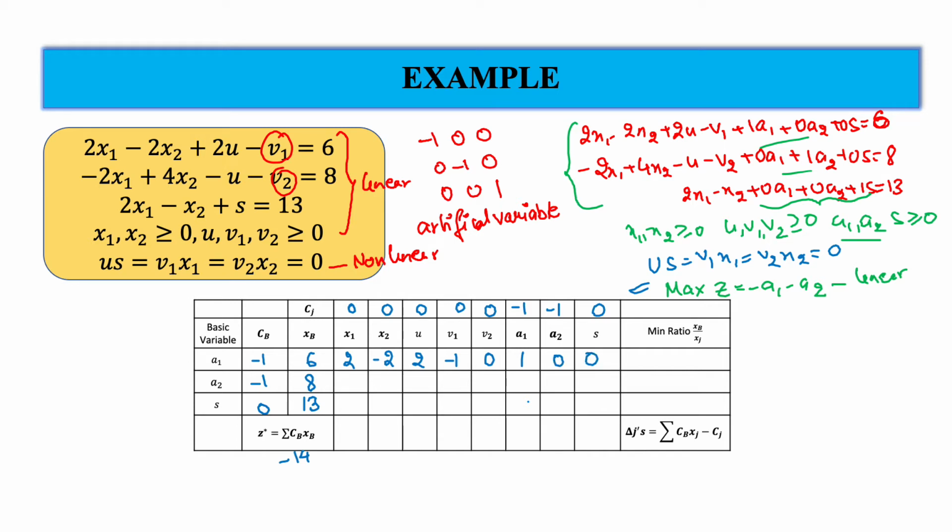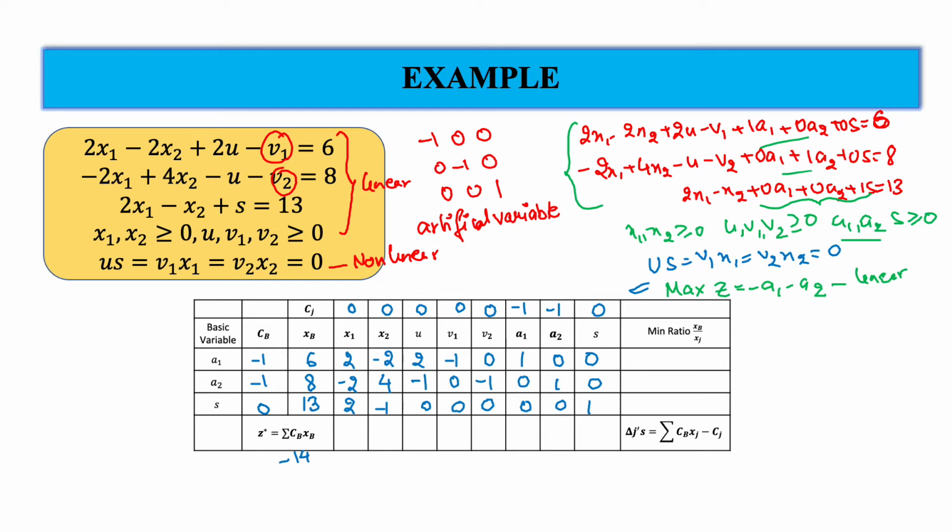Similarly, from the second equation we will write -2, 4, -1, 0, -1, 0, 1, 0. This is the identity matrix, we know that, and here it's 2 and -1, all other variables are 0 in the third constraint. So that's our simplex table.